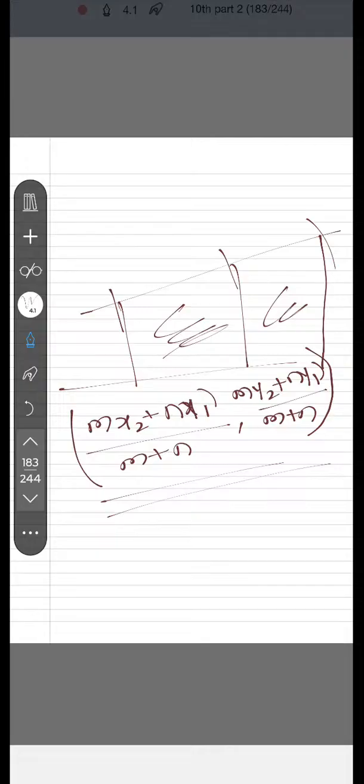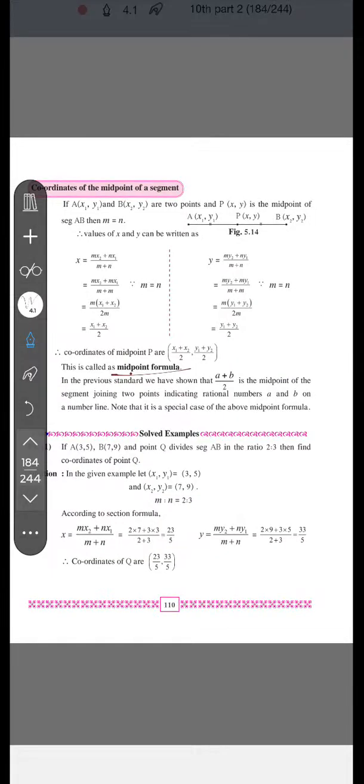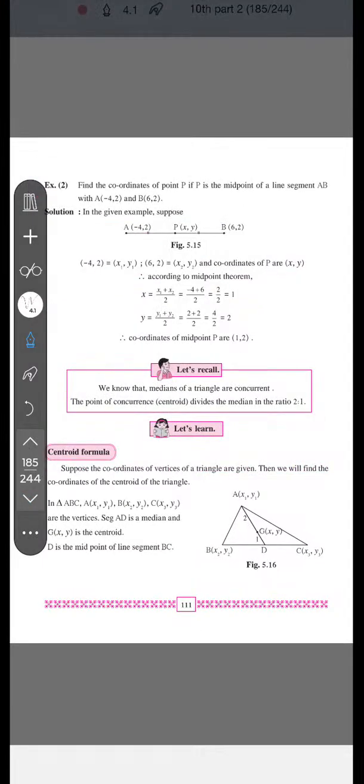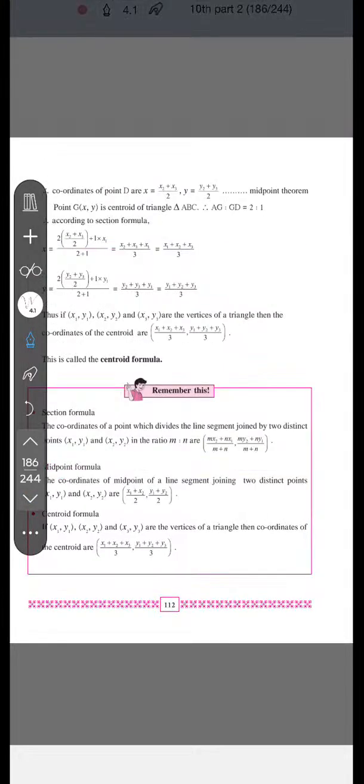And today we are going to use one more important formula, the midpoint formula. The formula says (x1 plus x2) by 2 and (y1 plus y2) divided by 2. That is the midpoint formula. A few more formulas are there, like the centroid, which we will explain.